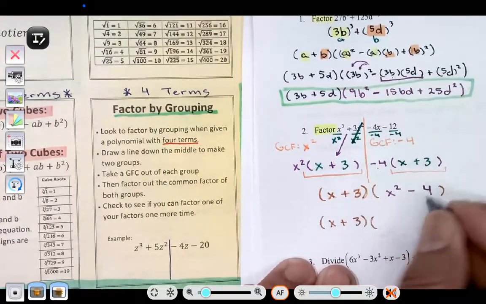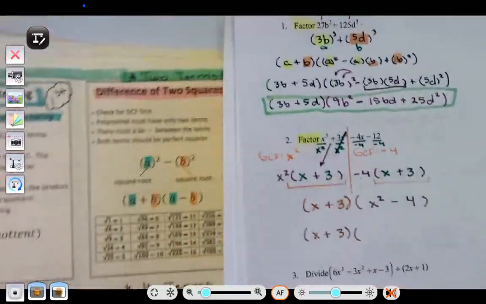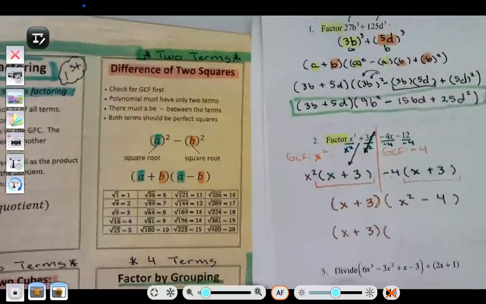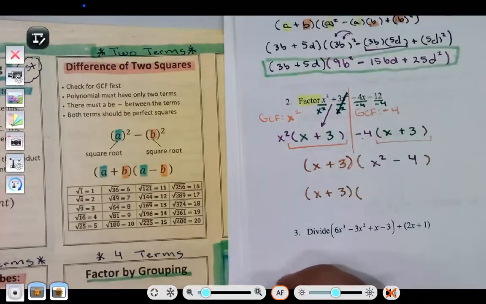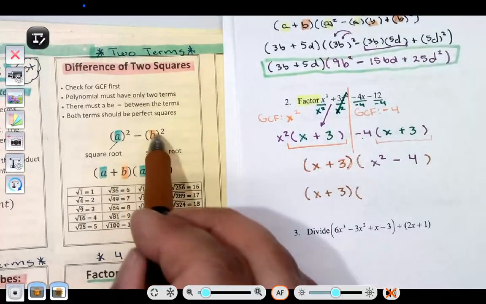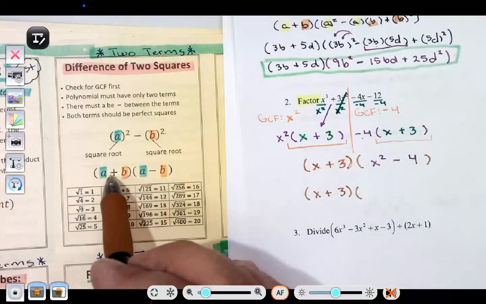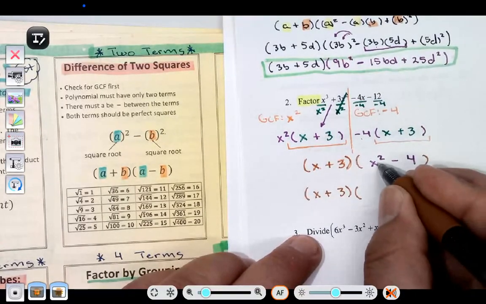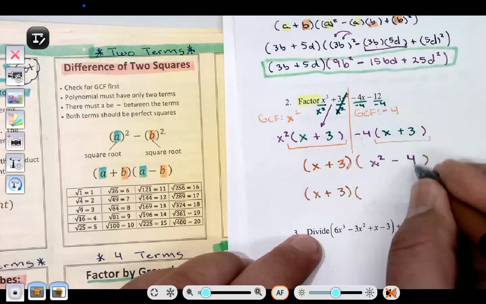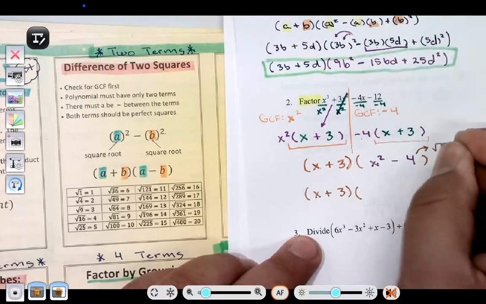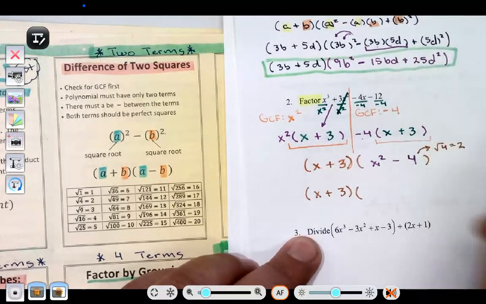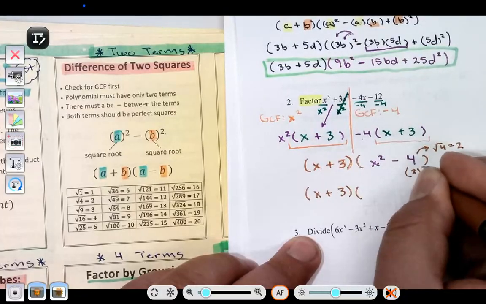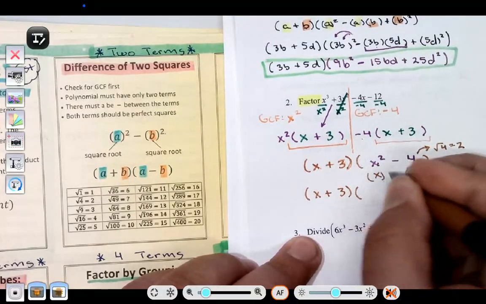But now when I have a power of 2, it does look like this one here. It's called the difference of squares. Where if you have things that have a power of 2, one has a plus, one has a minus. This one has a minus. This is a power of 2. Don't forget that if I do a square root of 4, it is a 2. So this is just 2 squared. This is x squared.